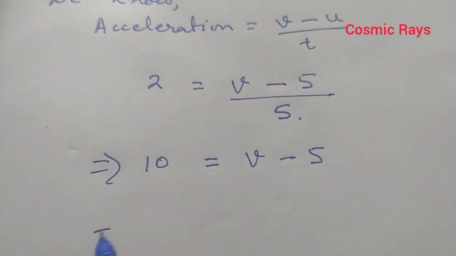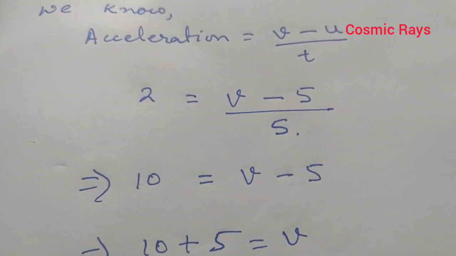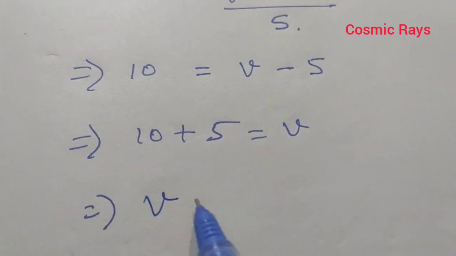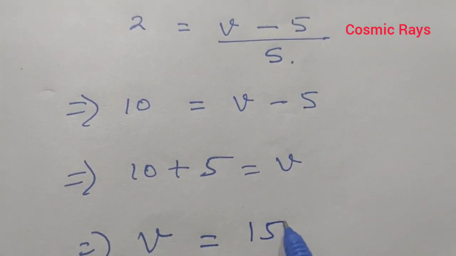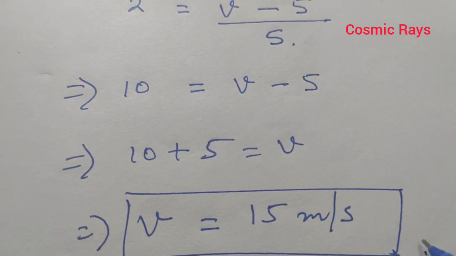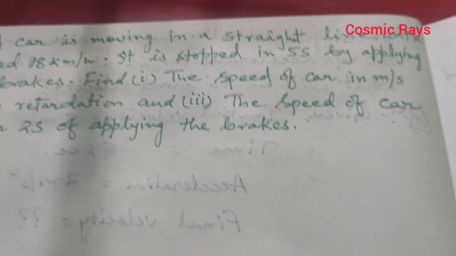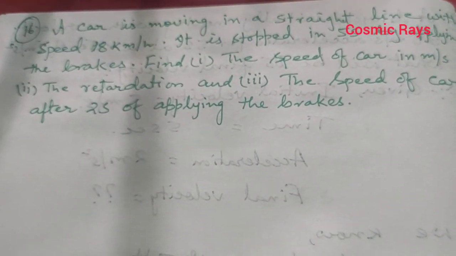Minus 5 coming this side, it becomes 10 plus 5 is v, or the final velocity v is 15 meter per second. This is the answer. Now we go to the last question of this exercise 2a.